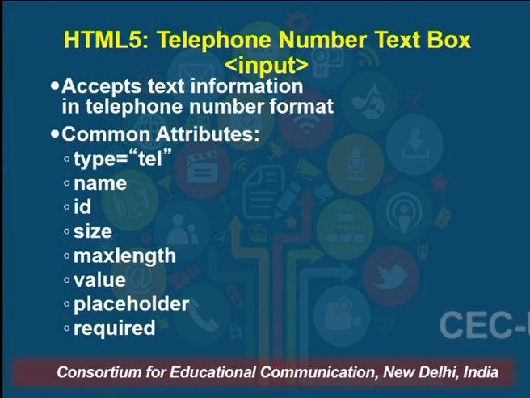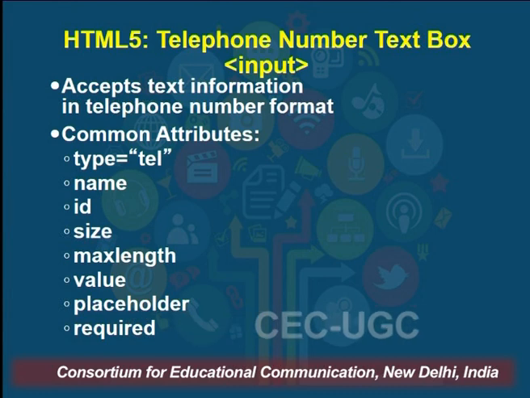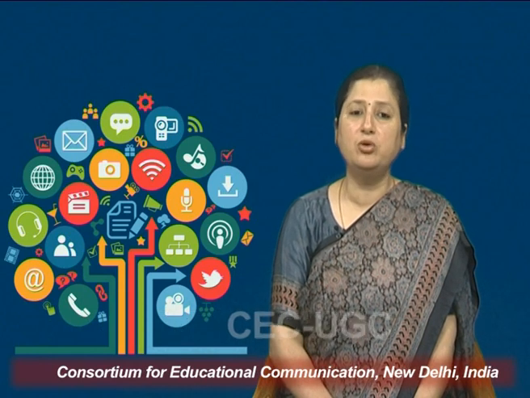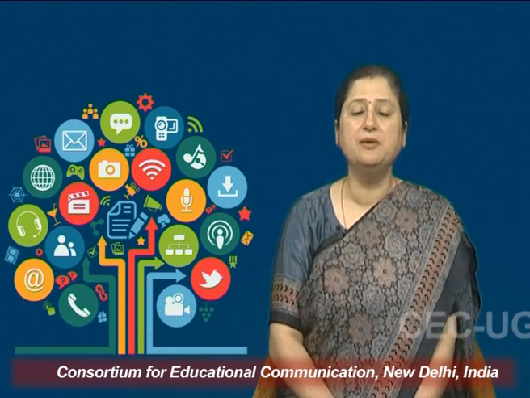Then if you want the user to specify the telephone number, in this case also the telephone number has to be specified in a particular format. So here the other control that you can specify is input type is equal to tel, T-E-L. In this case the input type is equal to tel will only allow the user to fill in the telephone number in the right format.